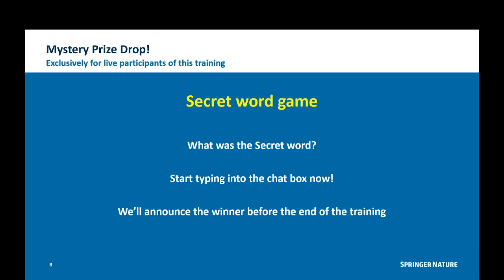Think about the journals, the books that we distribute. Everybody can try any number of times. Just keep spamming the chat box, and the moment we see, or Mabel sees the correct term or word, I can only tell you guys that it's not Springer, not Nature, not SpringerLink.